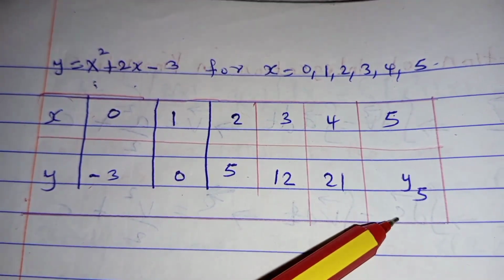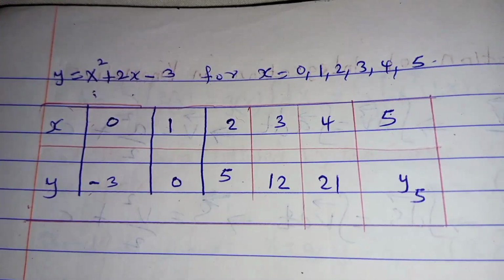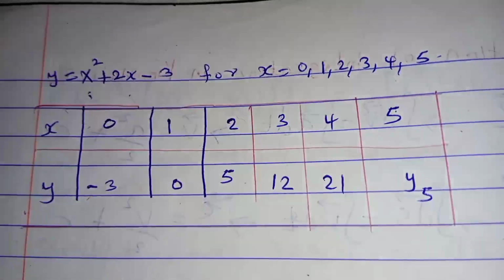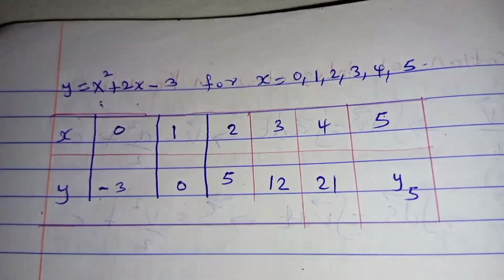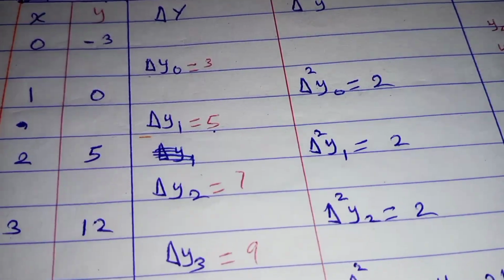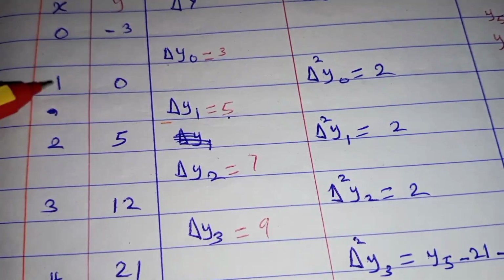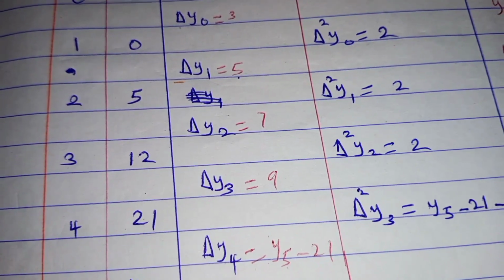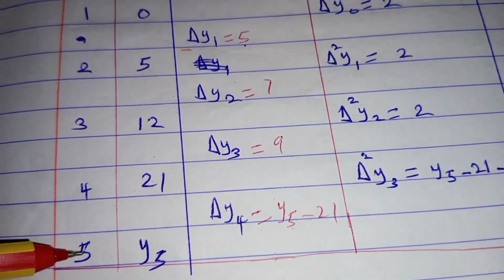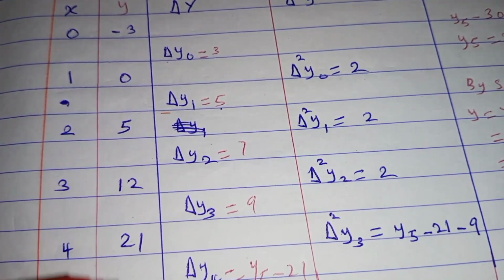y5 is not given, it is the one we have to calculate from the table. Then from there, we make the forward diagonal difference table as shown below. So this is our diagonal table. You arrange the values of x vertically up to the last value, which is 5, and also you arrange the corresponding values of y as shown.